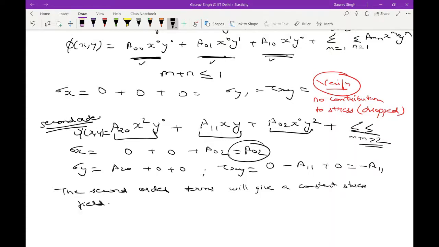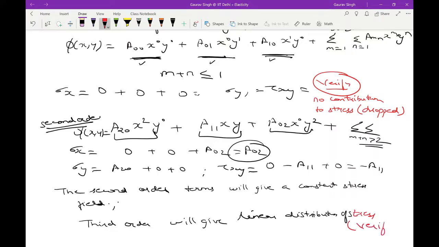And similarly the third order will give you a linear stress field, linear distribution of stress. So please verify this.